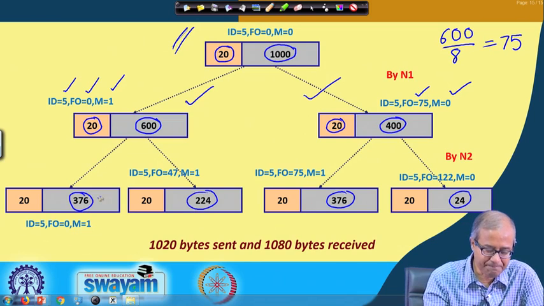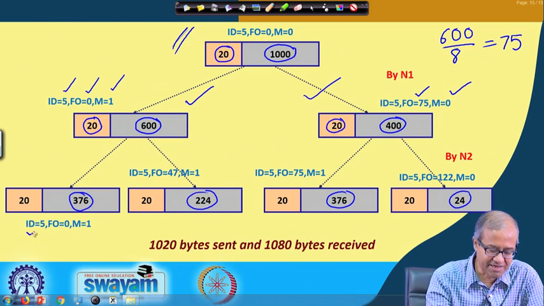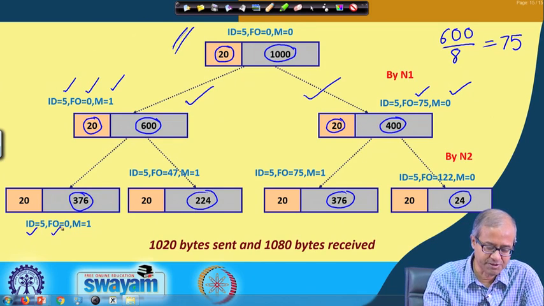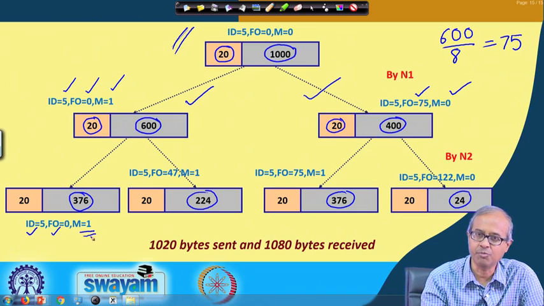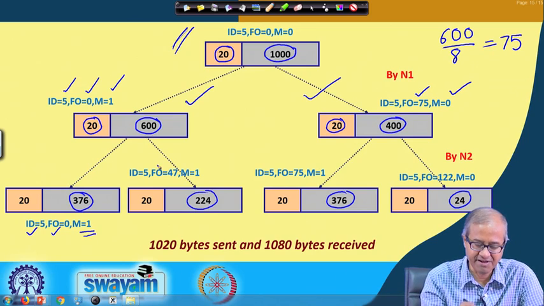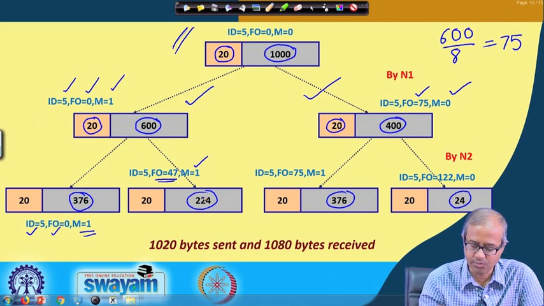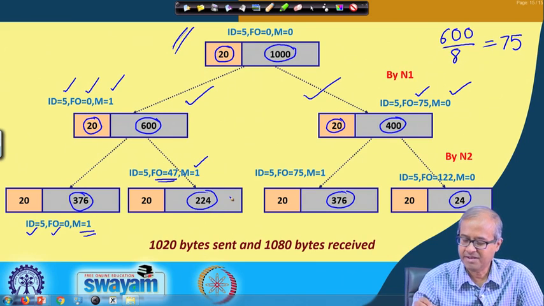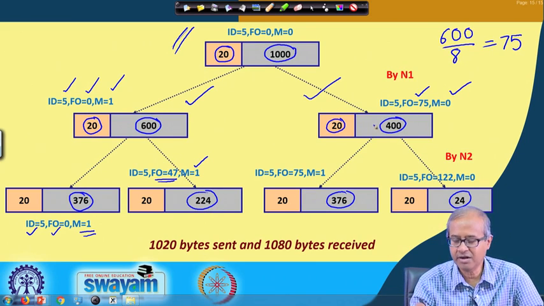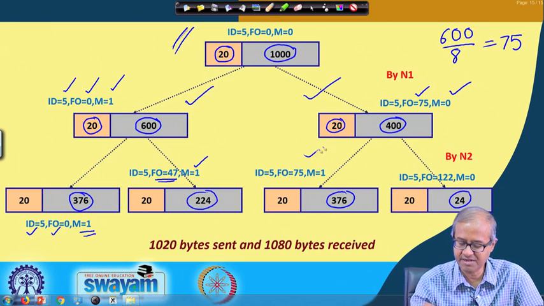So, again for this case the ID is again 5, the first one has an offset of 0, there are more packets. The second fragment generated from here will have an offset of 47 multiplied by 8, which is 376, and again there are more fragments coming. And similarly for the second one, again there will be 2 fragments generated.